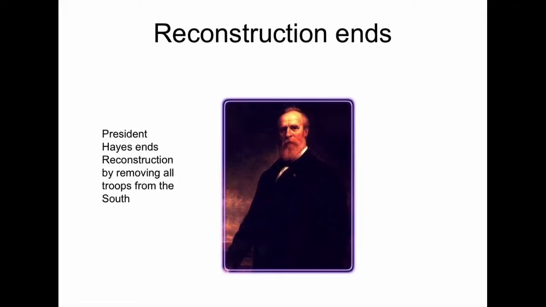So when the Army comes out, what we're saying as a country is that we're going to let southern states deal with their populations. So we're going to give power to southern states to deal with their new populations. And ultimately, what becomes problematic about that is that Southerners didn't just stop being racist because Reconstruction was over.